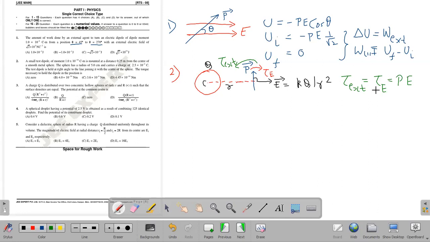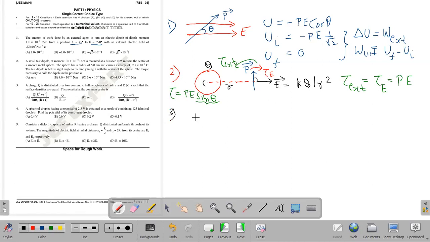Though the actual formula for the torque is PE sine theta, since the dipole and electric field are making a 90 degree angle, the sine of theta will become 1, and therefore torque is simply P into E. And again, just calculate the values. Your answer is ready.